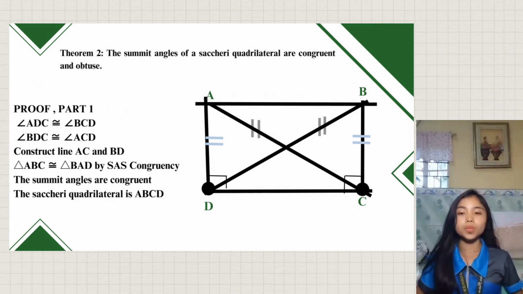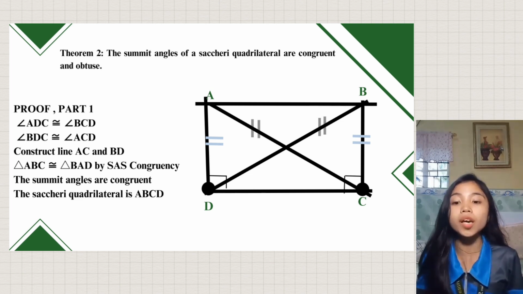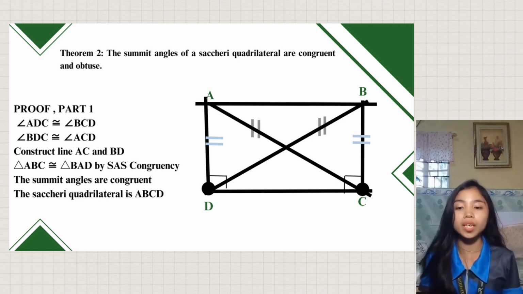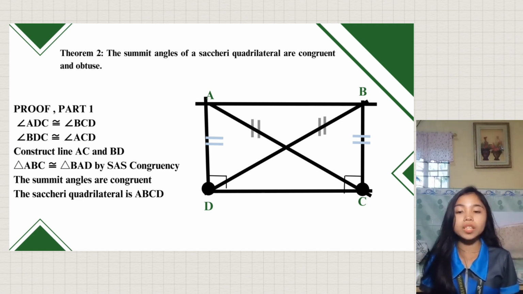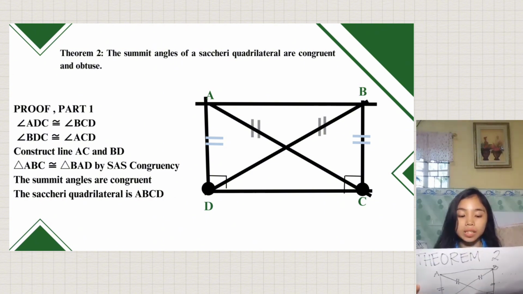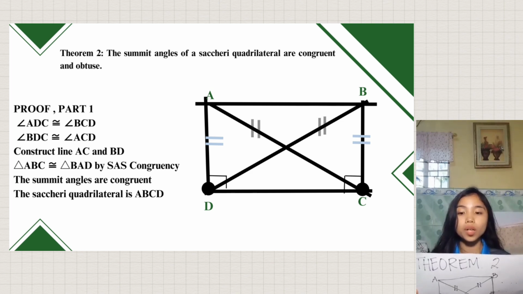In our theorem 2 example here, angle ADC is congruent to angle BCD, while angle BDC is congruent to angle ACD. Construct lines AC and BD. By using the SAS congruency, or side-angle-side, we have triangle ABC congruent to triangle BAD.